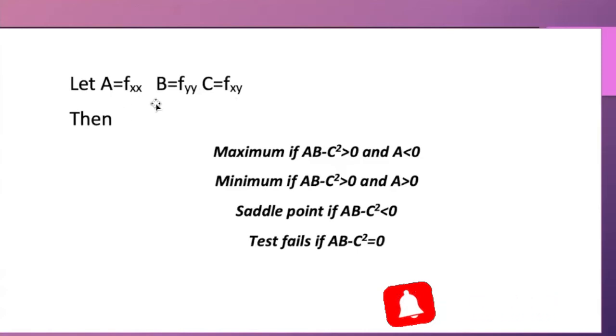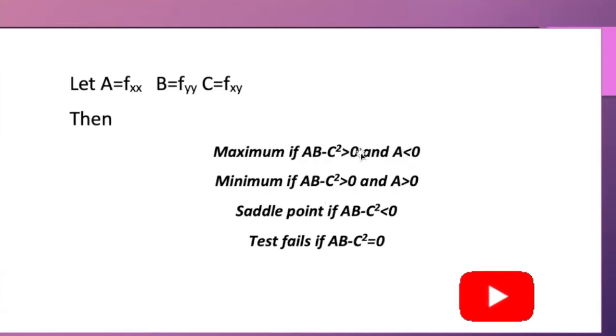Based on my assignment, for it to be a maximum, when I substitute A and B, AB minus the square of C, if it is greater than 0, it can either be a maximum or a minimum. To determine which, if A is less than 0, then we say it's a maximum.